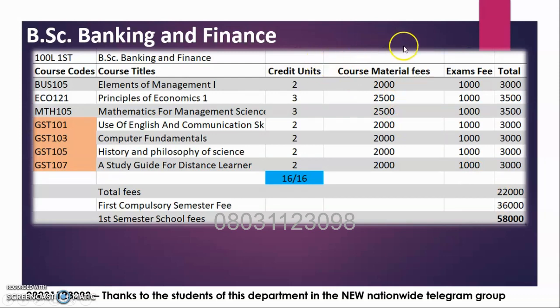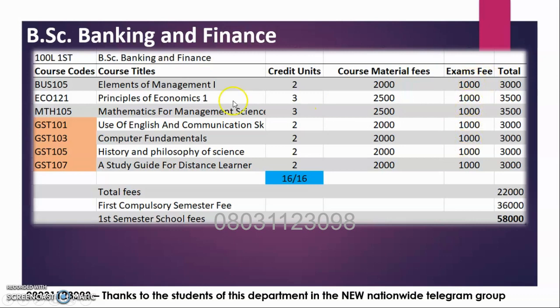Then we have 2 unit courses and 1 unit courses, which are registered with 2,000. 3 unit courses are 2,500 until you become a graduate. Although if it's 2 units or 3 units, but it is a project like teaching practice or industrial training, then it's 10,000. Until we get there, we'll get there.